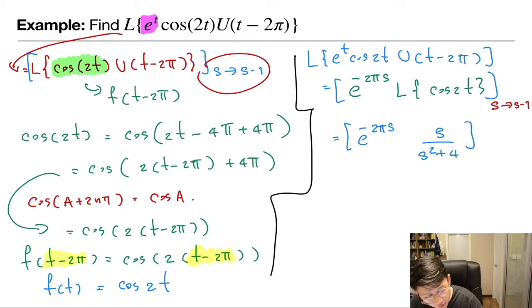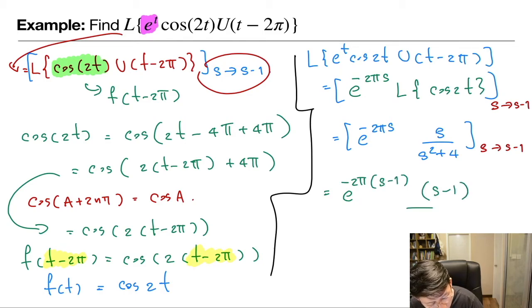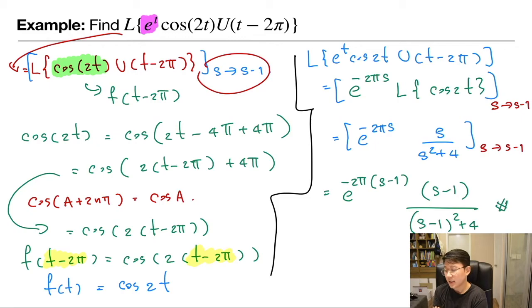And then you change s to s minus 1. So the answer would be e to the minus 2 pi (s minus 1) times (s minus 1) divided by (s minus 1) squared plus 4. That's it. That is the answer.